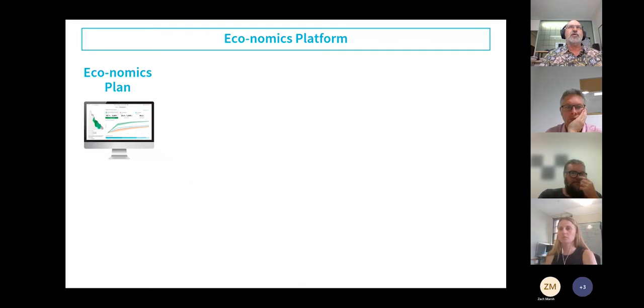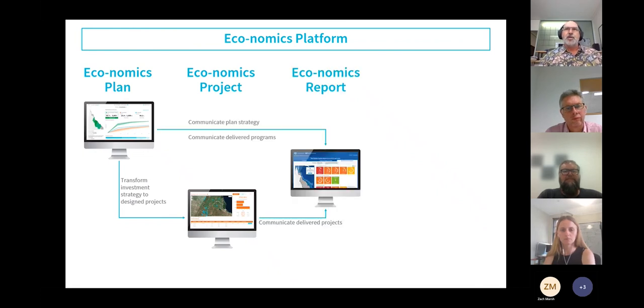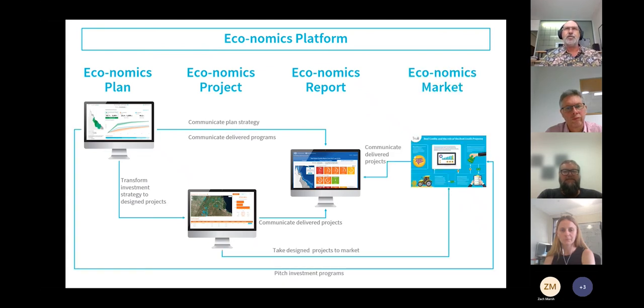So a quick recap on the economics platform. There are 4 key components to it. Economics plan, so catchment and sub-catchment level planning for coming up with investment portfolios. Economics project, so farm scale modelling of individual projects. Economics report, so being able to do impact reporting of those planned works and applied works.